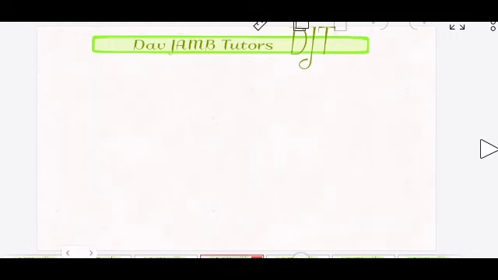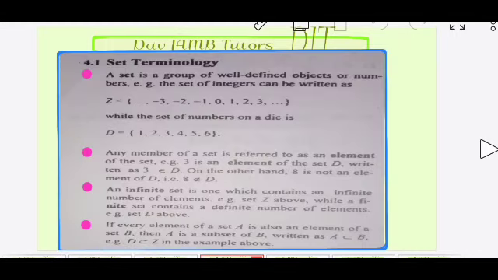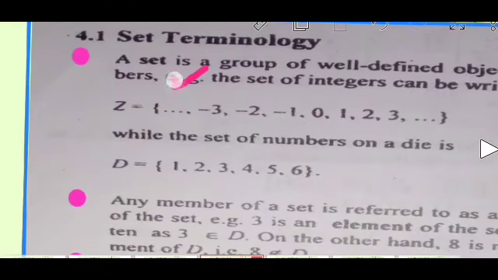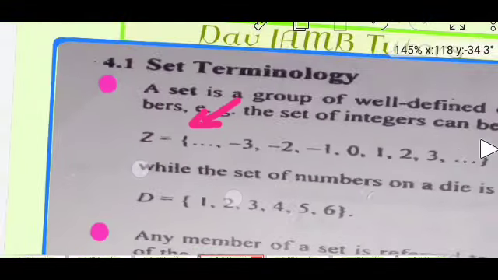Now the first thing we'll discuss are set terminologies. The first set terminology says a set is a group of well-defined objects or numbers. E.g., the set of integers can be written as Z equals. This that you see here is a curly bracket. It looks like an arrow, but actually it's not an arrow, it's a curly bracket.